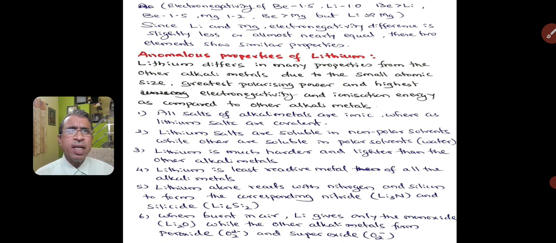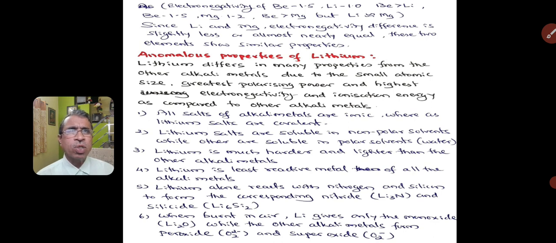Lithium differs in many properties from the other alkali metals due to the small atomic size, greatest polarizing power, and highest electronegativity and ionization energy as compared to other alkali metals. All salts of alkali metals are ionic, whereas lithium salts are covalent.